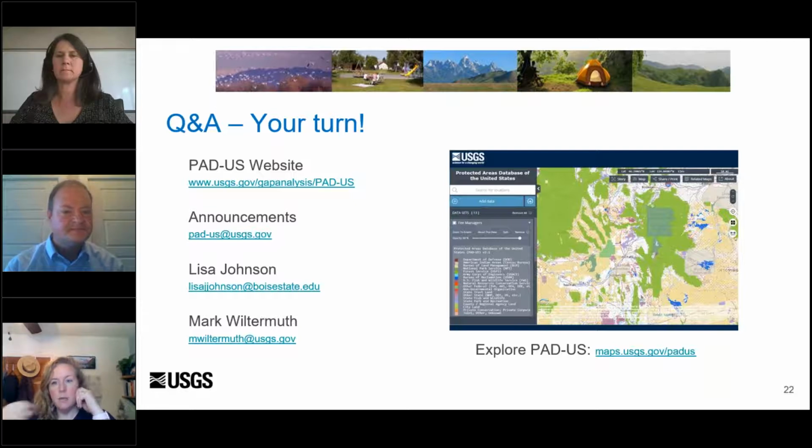Great. And another question here, does GAP 4 represent all other lands? Yeah, okay. So this is a common question, and happy to address this. GAP 4 is any land where there's unknown biodiversity protection, so that would represent all lands.